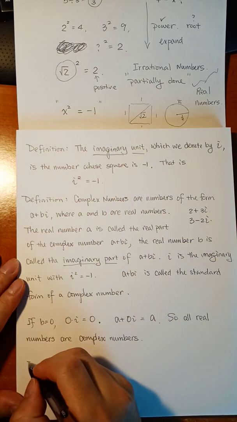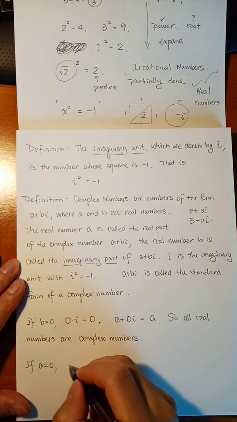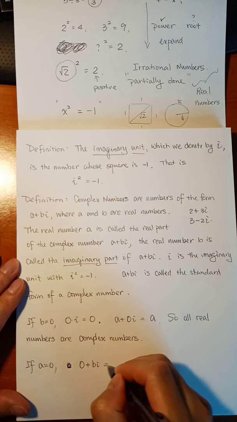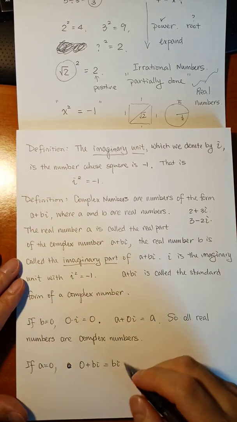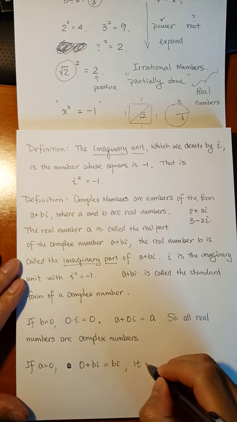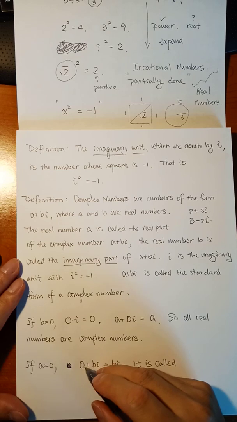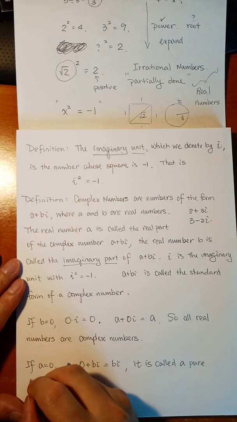And what happens if the real part is 0? 0 plus whatever number is just that number. It's bi. And this type of number is called a pure imaginary number, since it has no real part.